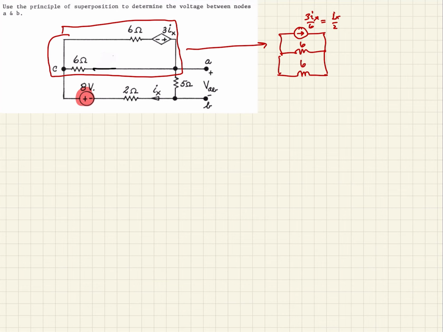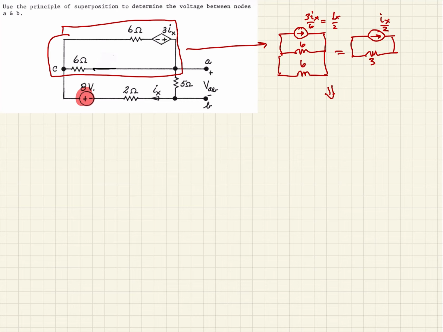And so we see now that we have 6 and 6 in parallel, so we can rewrite that then. So then this will again be the current source, and that's going to be ix over 2. But now it's just in parallel with a 3 ohm resistor. And so then we can take that and do source transformation back.